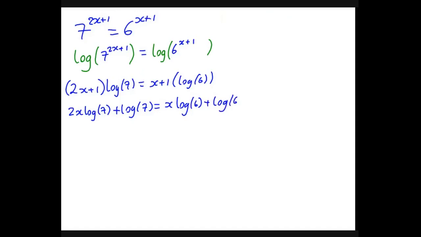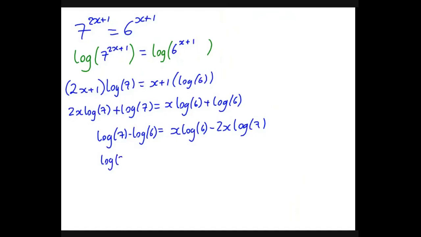And then I made it so that the x's are all on one side. So I got log 7 minus log 6. Yeah, so I just minused the log 6 from that side. And then I got equals x log 6 minus 2x log 7. And then I factorized the right hand side.